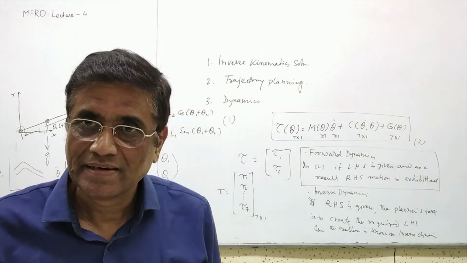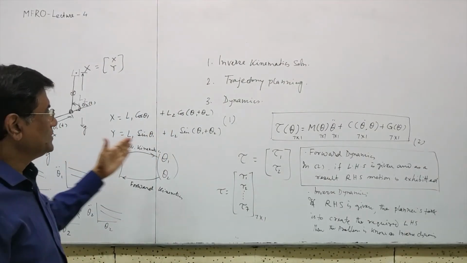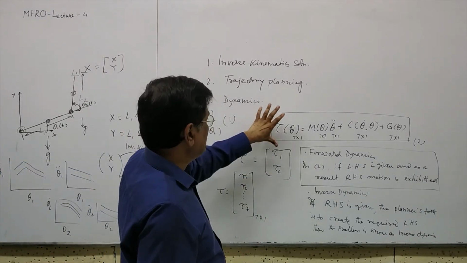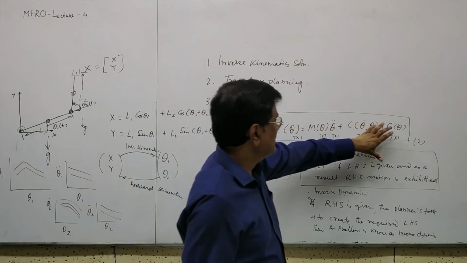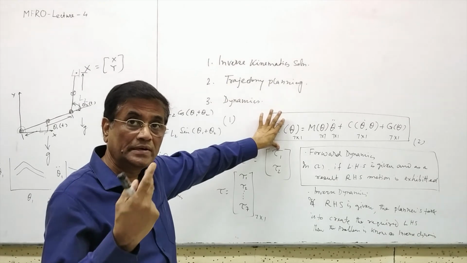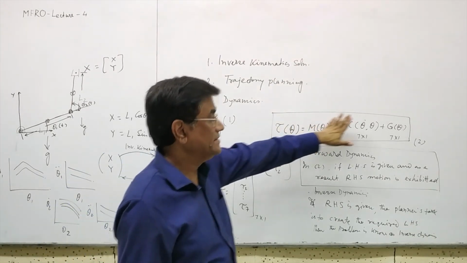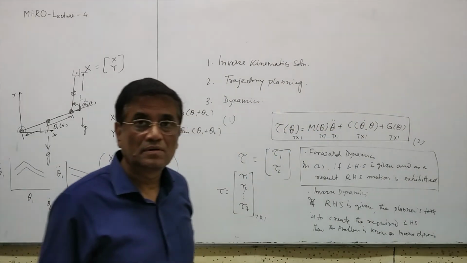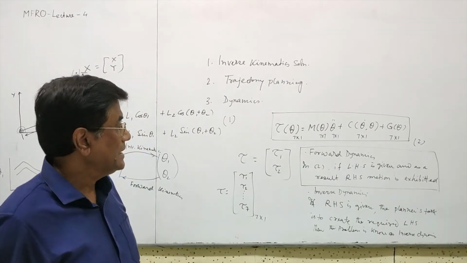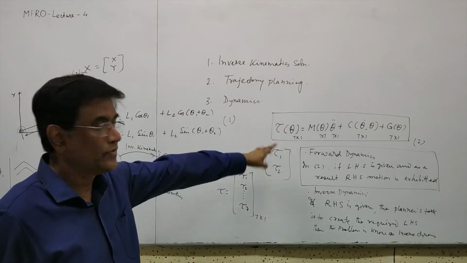Is it clear? Don't make a confusion: when this is given and you need to calculate the torques required to create this motion, it is called the inverse dynamics problem, and we need to solve inverse dynamics and forward dynamics.